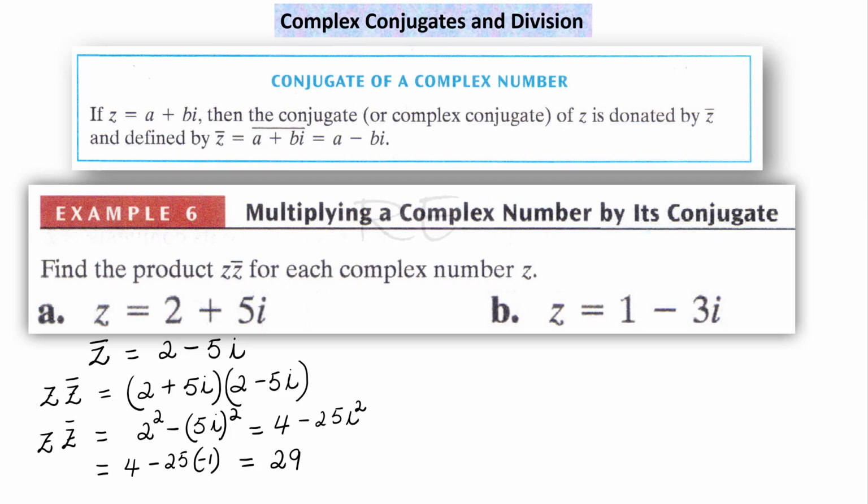Z is equal to 1 minus 3i. The conjugate of z is 1 plus 3i. Now z times its conjugate will be 1 minus 3i times 1 plus 3i.